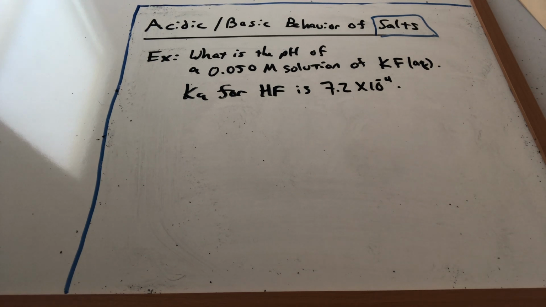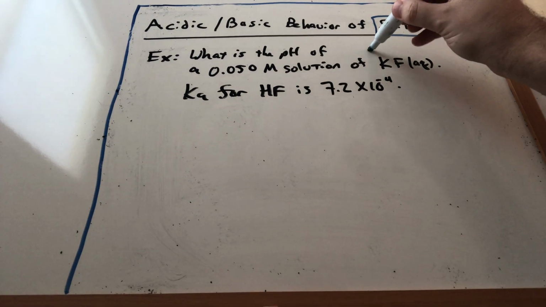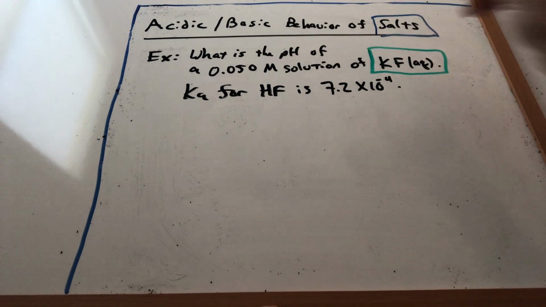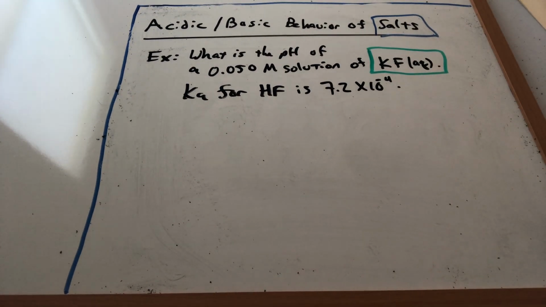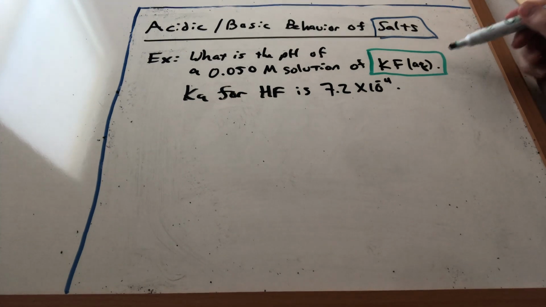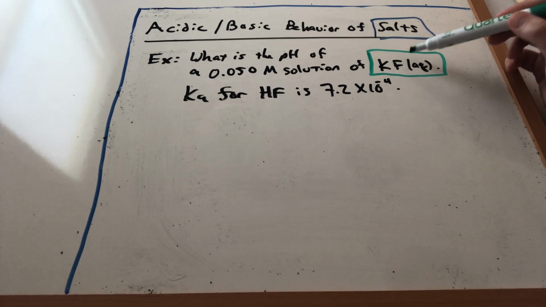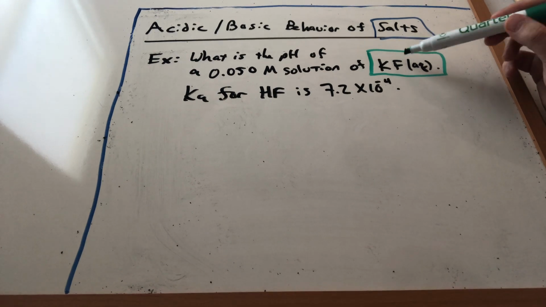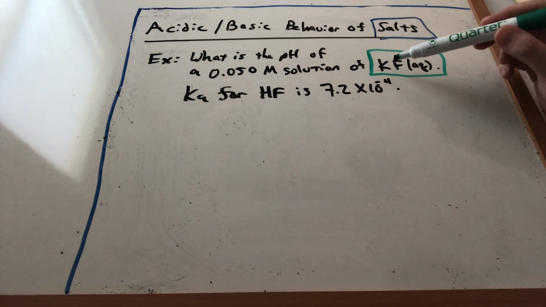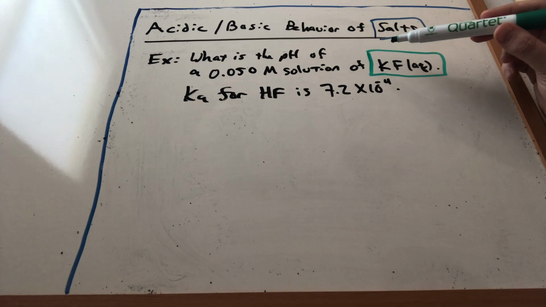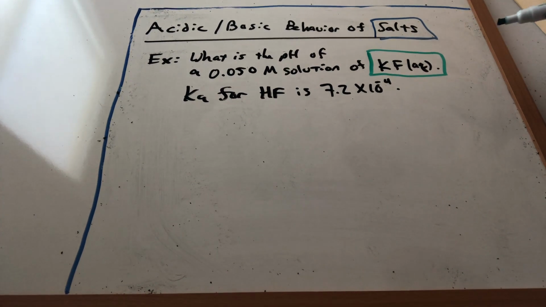Right. So here, before we even start writing down the chemistry in the ice table, we're going to break down what we think of this, right? So here are your steps that you're going to follow whenever you're given a salt. Now notice, what we were doing from a recognition standpoint before is we were looking for an H out in front, or a soluble hydroxide, or something that could pick up an H, all right? We see now that we have a metal attached to a non-metal.